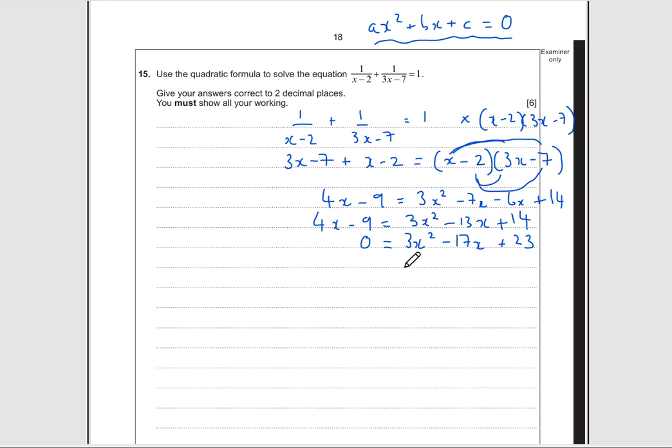Okay, so let's have a little think. What is A? So A is going to be this 3, isn't it, in front of the x squared. B is going to be negative 17, and C is 23. Okay, so let's be nice and organized.